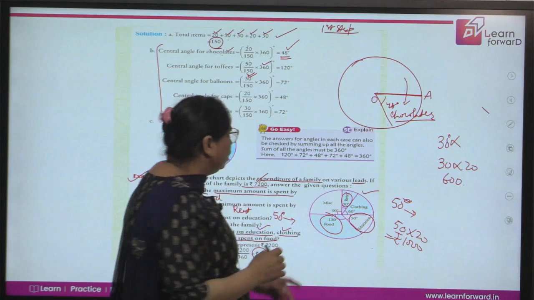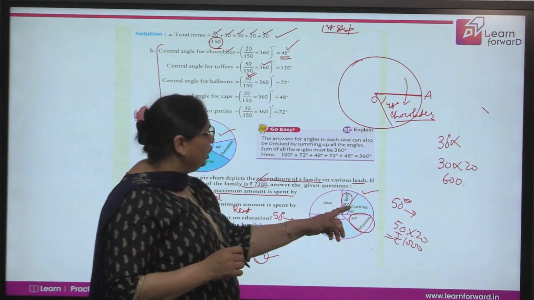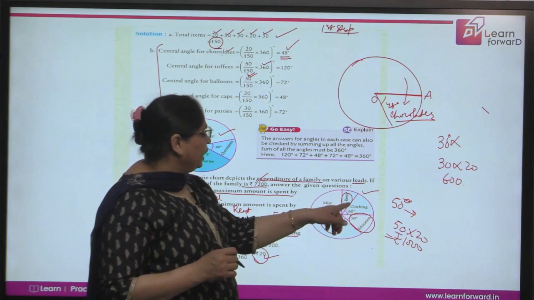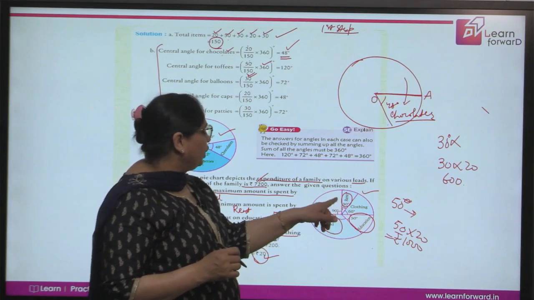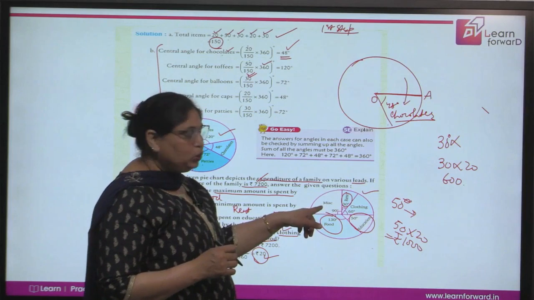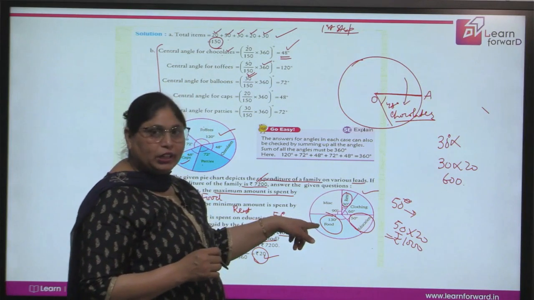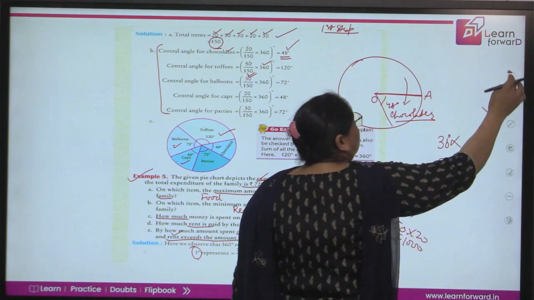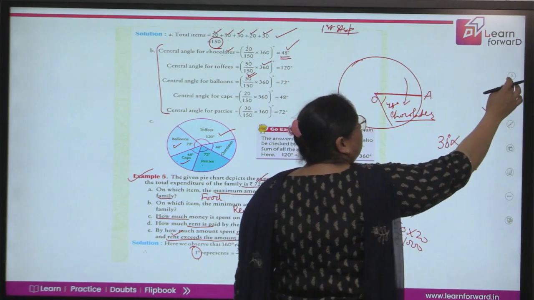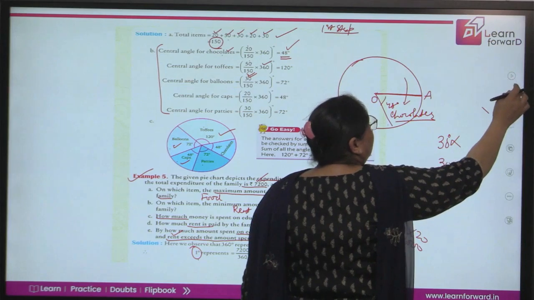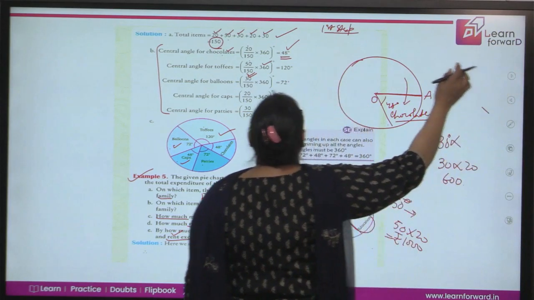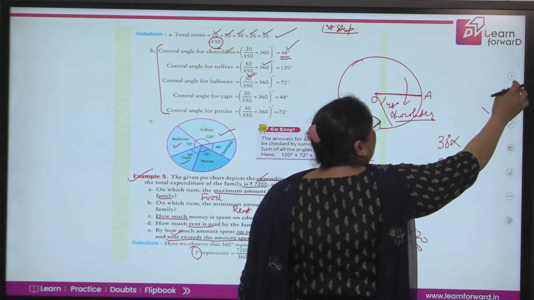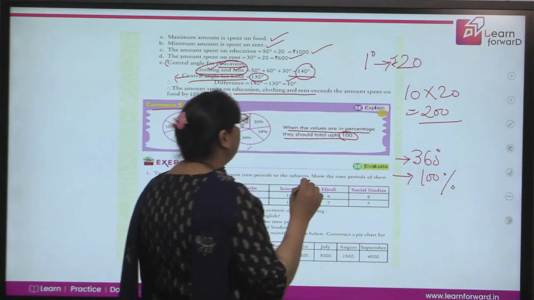You can see here 90, 130, 30, 60, 150, 50, 60, 110, 110 plus 30 is 140, 140 plus 90 is 230, 230 plus 130 is 360 here. The degree is 360 and the percentage, if you calculate, should be 100%.